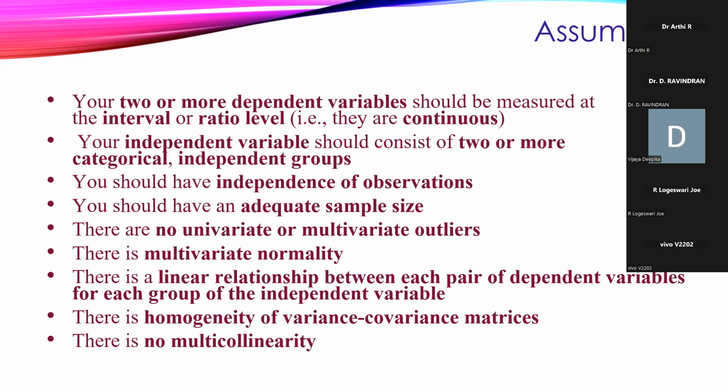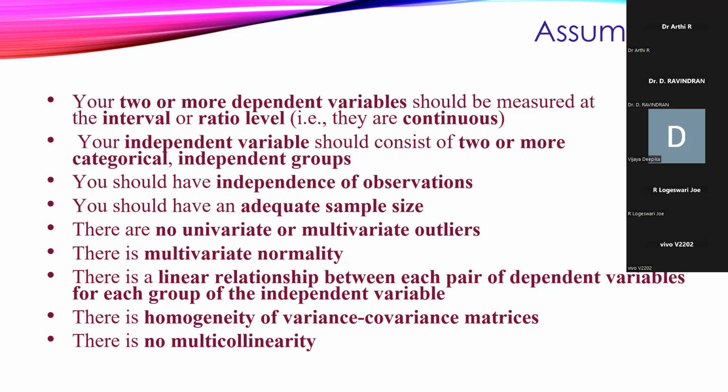Coming to the assumptions of MANOVA, the first ones are common, which we already spoke about till normality. The next is that there is a linear relationship between each pair of dependent variables for each group of the independent variable.